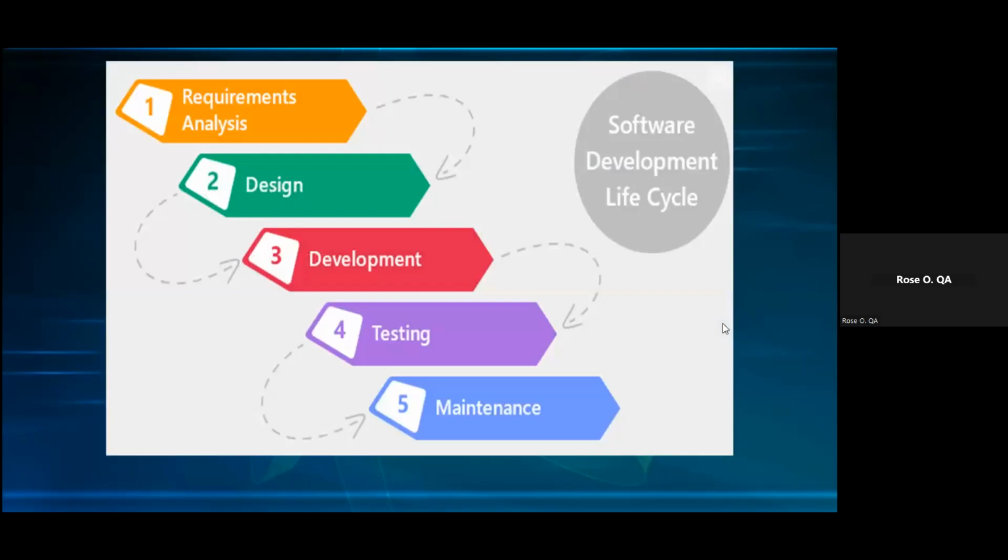So that takes us to the life cycle. One is requirement analysis, what I've mentioned, then design, development, testing, maintenance. The deployment and maintenance come together. That takes us to this particular framework, this model.